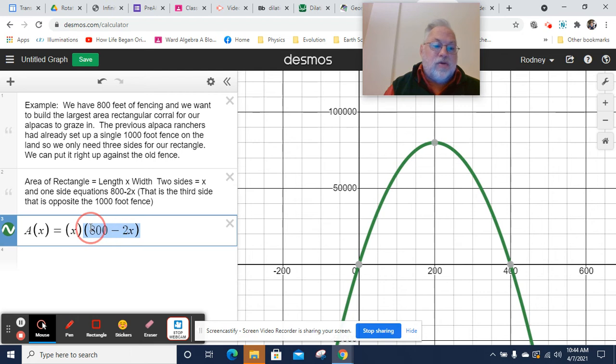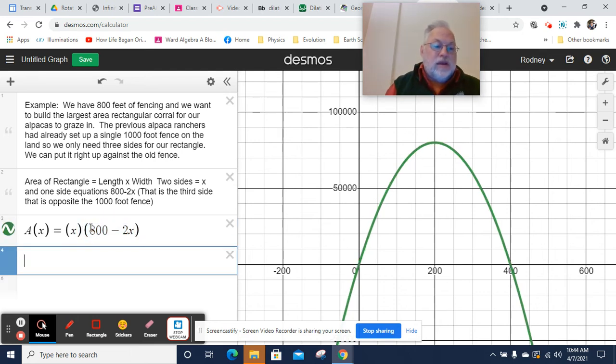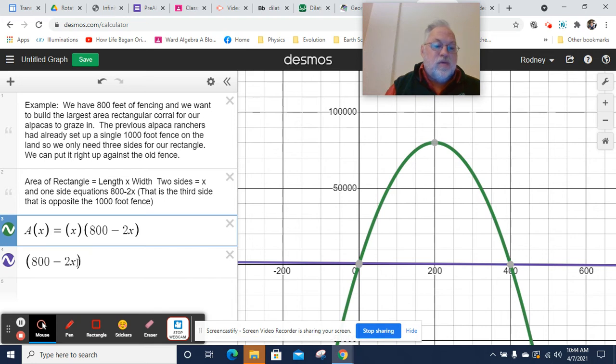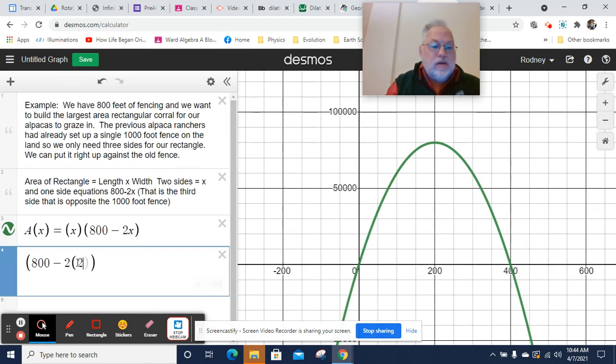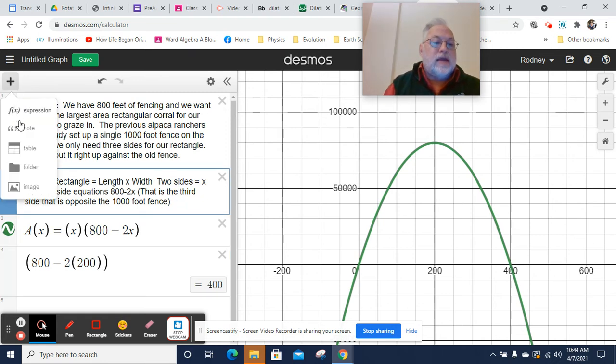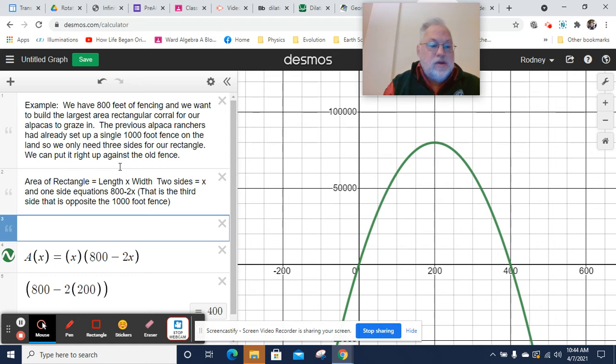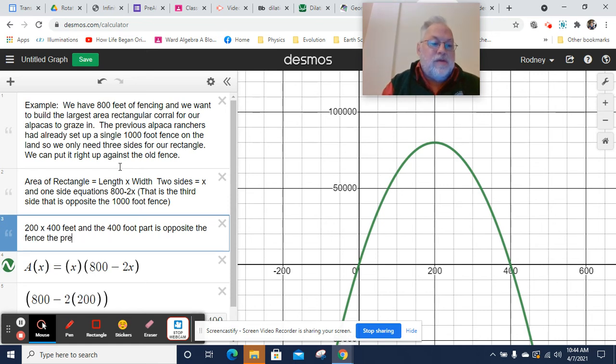We need to replace x with 200, and when we do that, I get my other side being 400. So let me put in the answer here. My fence is going to be 200 by 400 feet, and the 400-foot part is opposite the fence the previous ranchers left behind.